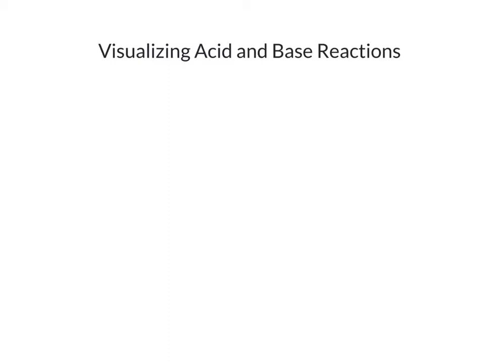When we add an acid to water, the acid is going to act like an acid and donate its proton to the water. And so we end up with A minus and H3O plus, where the A just represents the part of the molecule that is not the proton that's donated to the water.